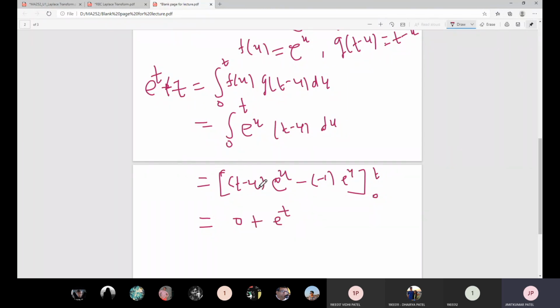Now if you substitute 0, u is equal to 0 here, so t minus 0 means t, minus t into e raised to 0, minus minus plus e raised to 0. So what we get? e raised to t minus t minus 1. Okay, so what is your problem?